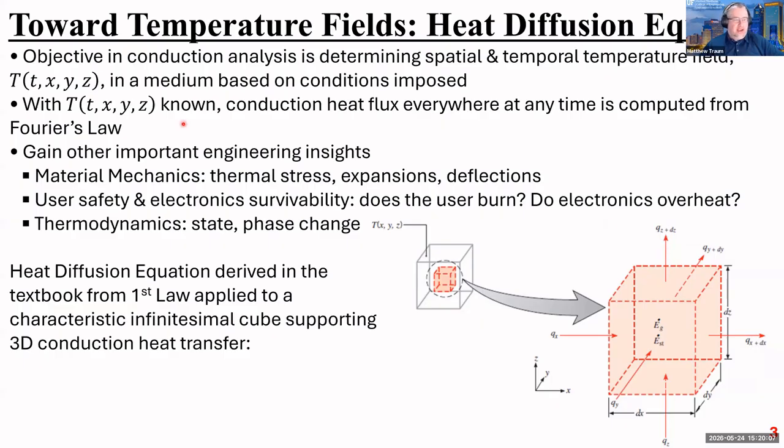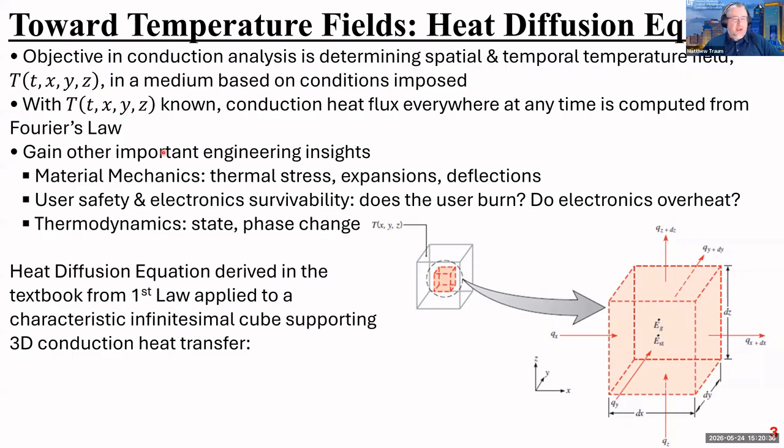The objective in conduction analysis is determining the spatial and time-based temperature field, capital T of x, y, z and lowercase t, in a medium based on the conditions imposed. This is our goal, to get this equation.